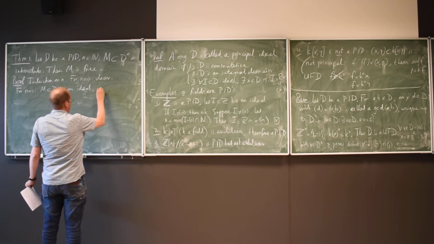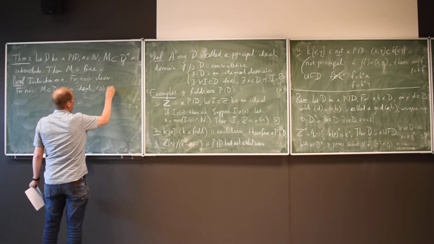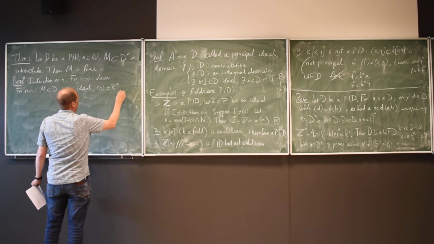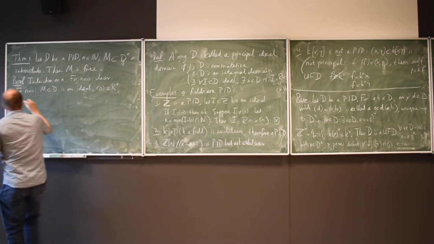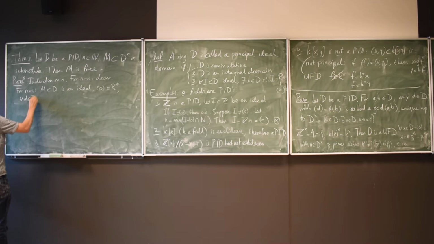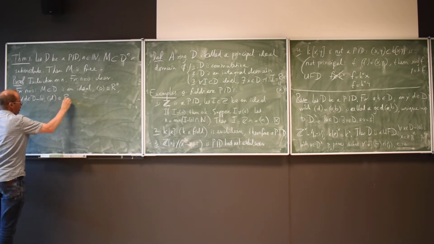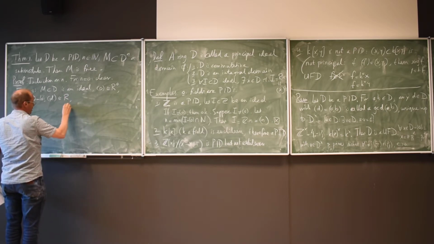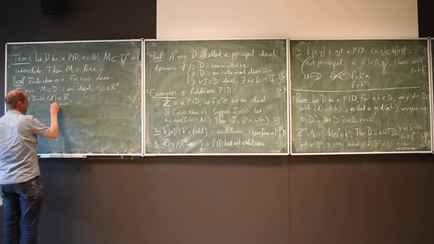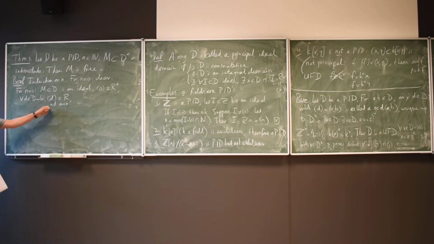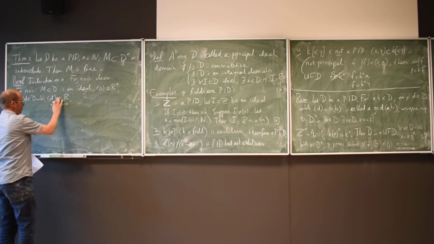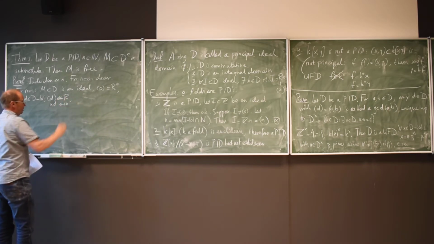So 0 is isomorphic to R to the 0, and for every d not equal to 0, the ideal is isomorphic to R, because I can send x in R to x times d. This is a surjective map by definition of the ideal, and it is injective because R is a domain and d is non-zero. So this is a bijection, and that does it for this case.